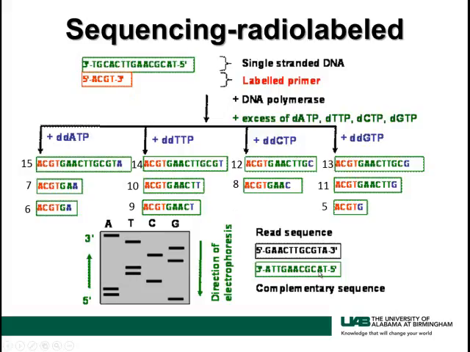So I hope that makes sense, right? So the complement is the template right here, and the sequence that you read is actually a sequence of the opposite strand right here. And so that's how you sequence and determine the sequence of DNA.